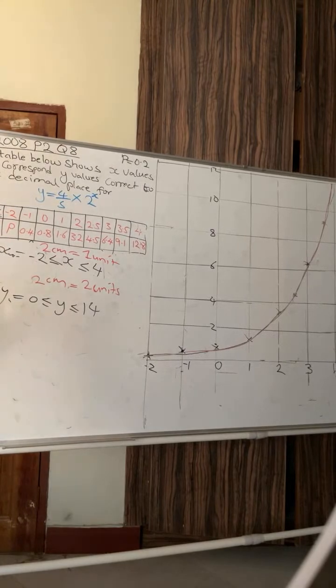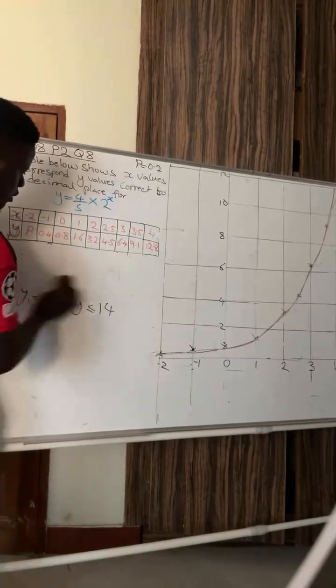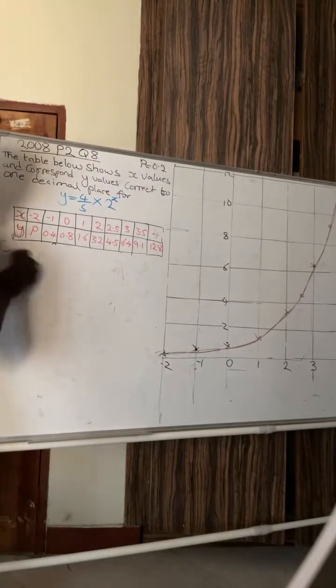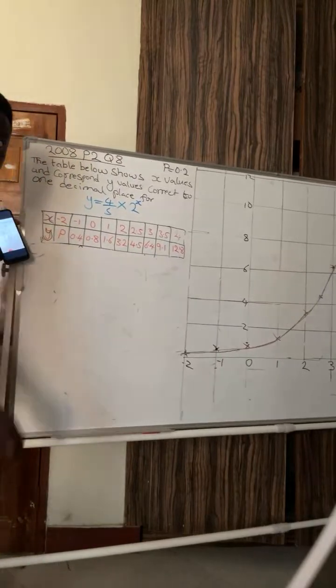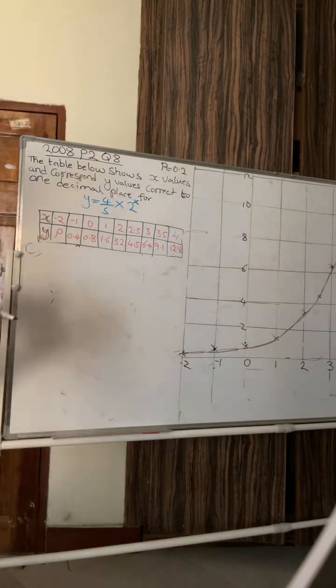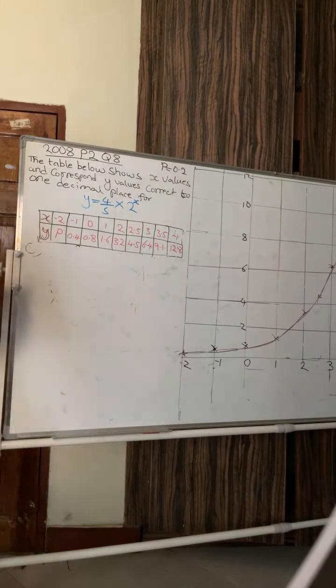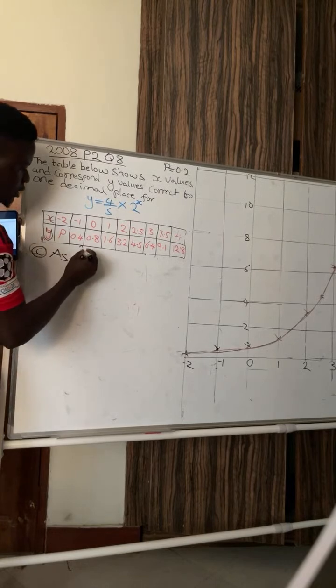The next question is C. Question C says, as x decreases, what values does y approach?